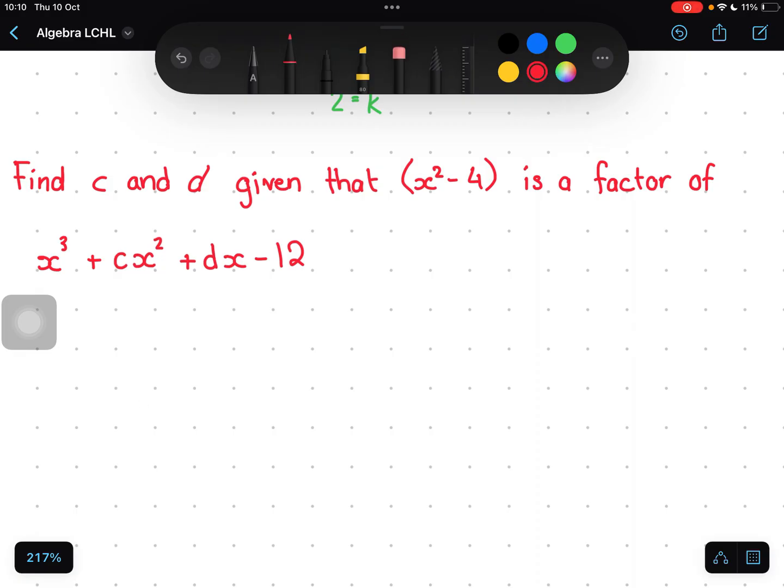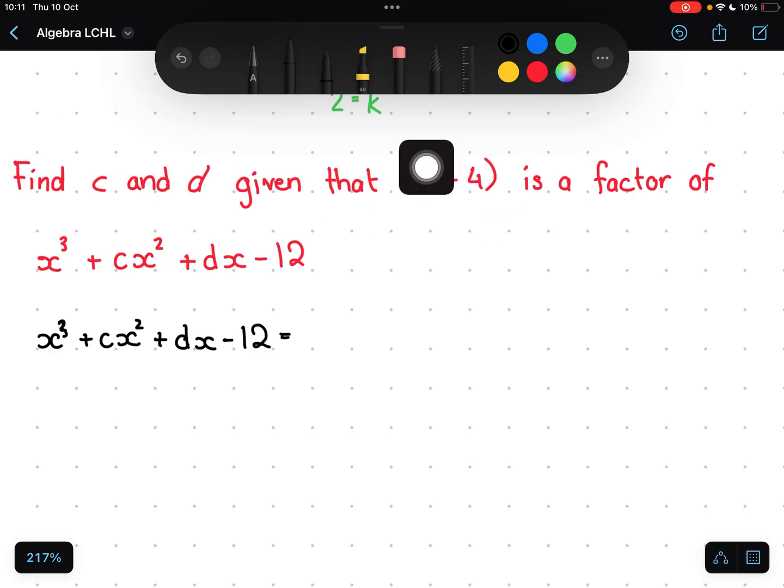So we were given the factor x squared minus 4. If you want, you can factorize this out and see that it's two factors there. You can write out that x squared minus 4 as two factors. So we know that that x squared part means that this is actually accounting for two of the 3 factors I need.